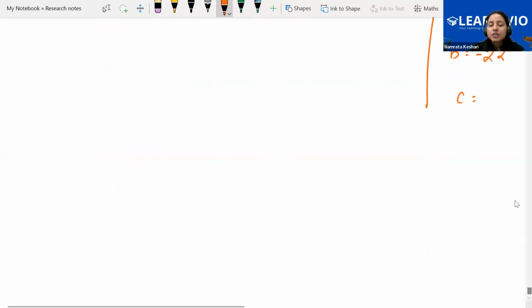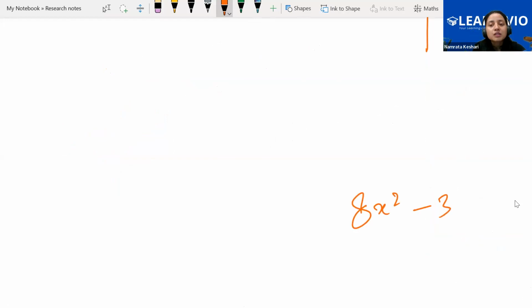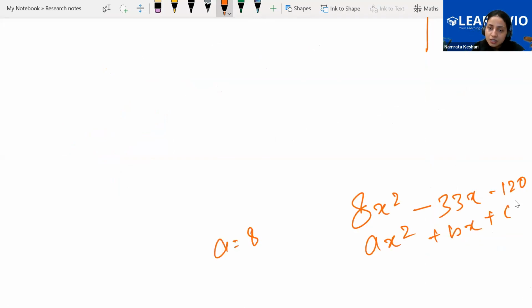Let me give you a few examples. Suppose we have 8x square minus 33x minus 120. Comparing with ax square plus bx plus c, a is 8, b is minus 33, and c is minus 120.